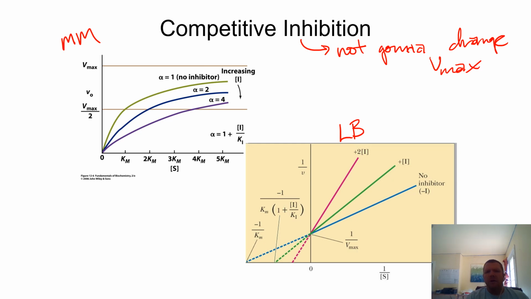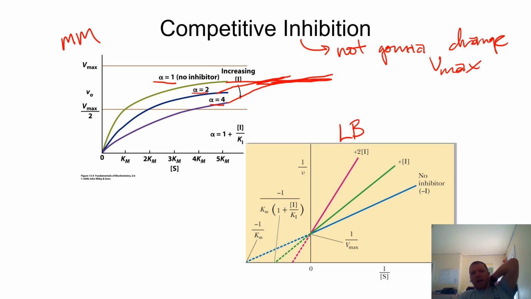Okay, so if you really wanted to look at this Michaelis-Menten plot, it's going to take a bit of time, but ultimately these 3 lines are going to converge and kind of plateau, because that displays your maximum velocity. We've got alpha equals 1, that's no inhibitor, alpha equals 2, alpha equals 3. Those are our different relative concentrations of our inhibitor.